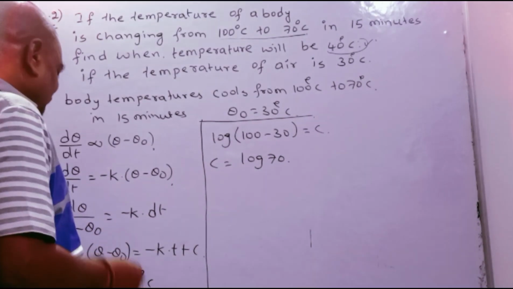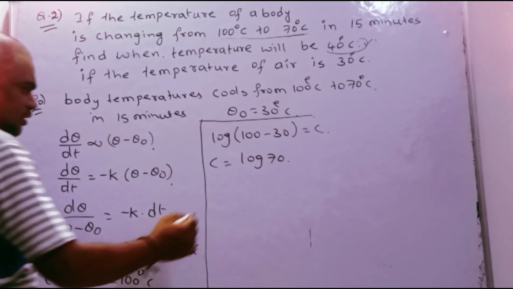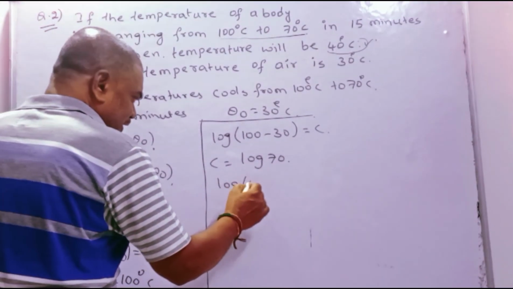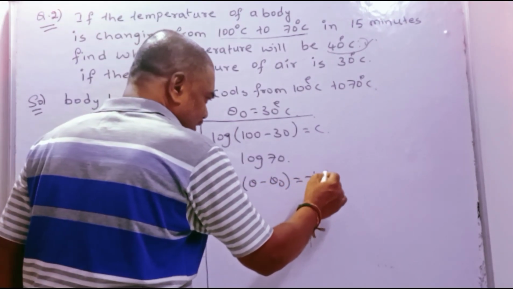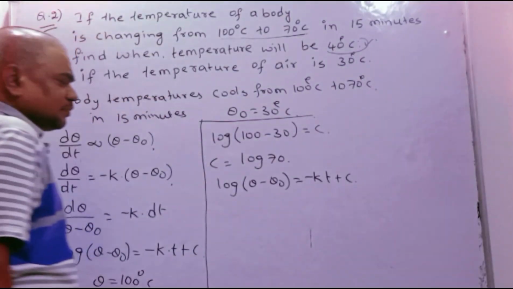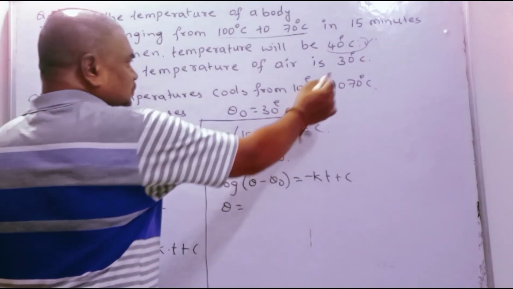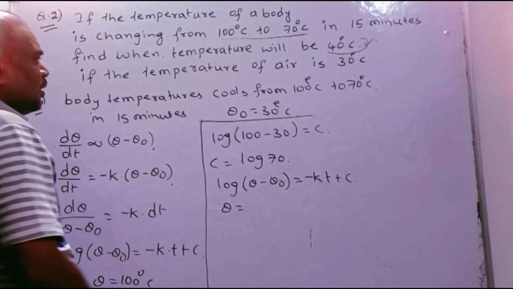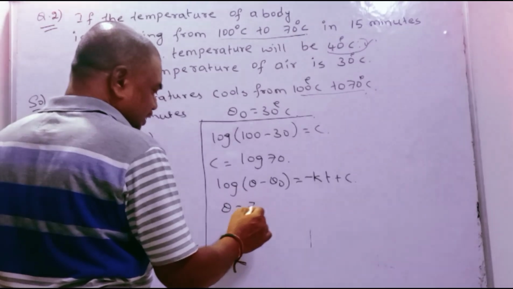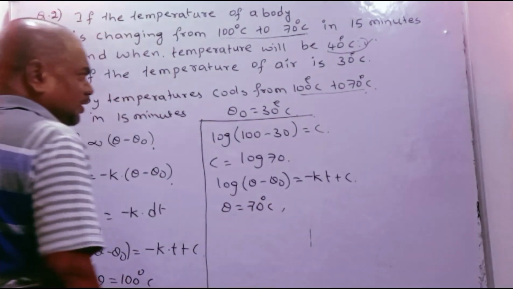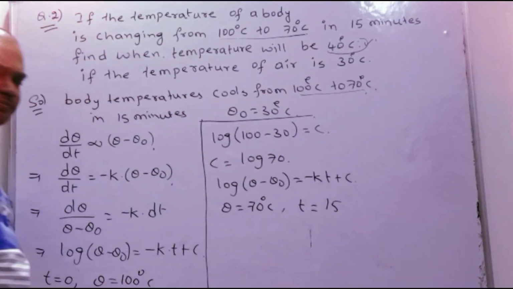Then again, you take this formula, log of (θ minus θ0) equal to minus kt plus c. Here θ equals 70 degrees centigrade, since it changes from 100 degrees to 70 degrees, and t equals the time taken, 15 minutes.